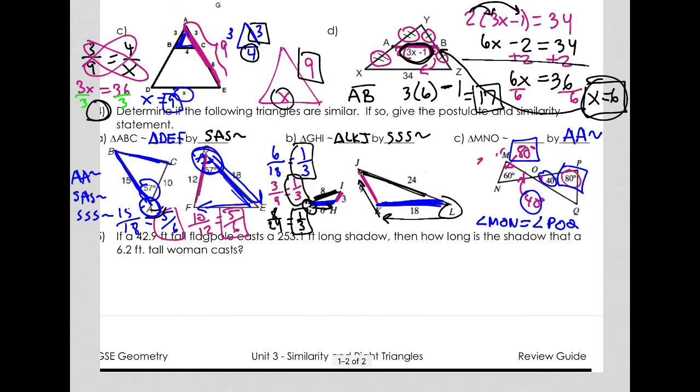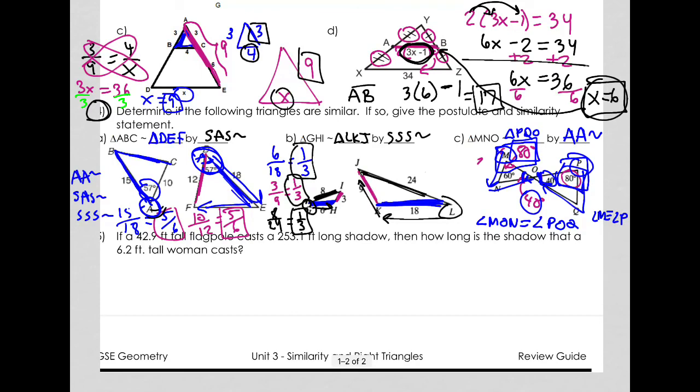And then our other angle, so that's these two angles here. I just named the vertical angles. And then we know that angle M is congruent to angle P. So those are our two angles. And if we look at the order, they went from M to N, so along the short side, then to the middle. So I'm going to go P to Q to the middle. So triangle PQO.